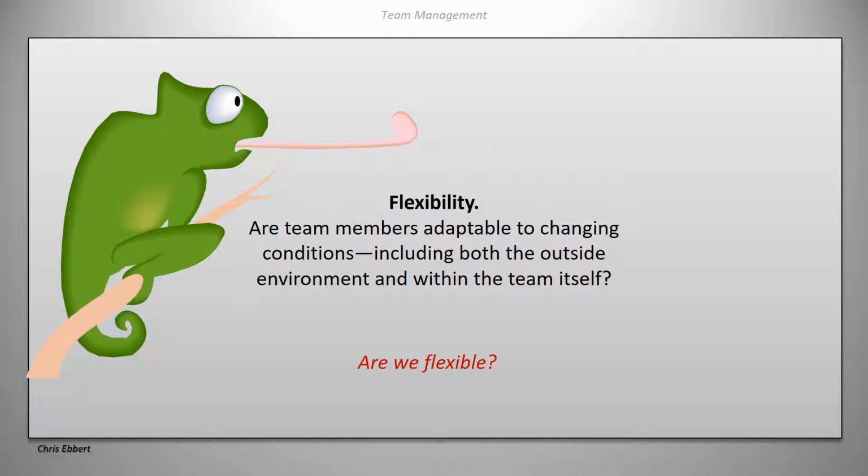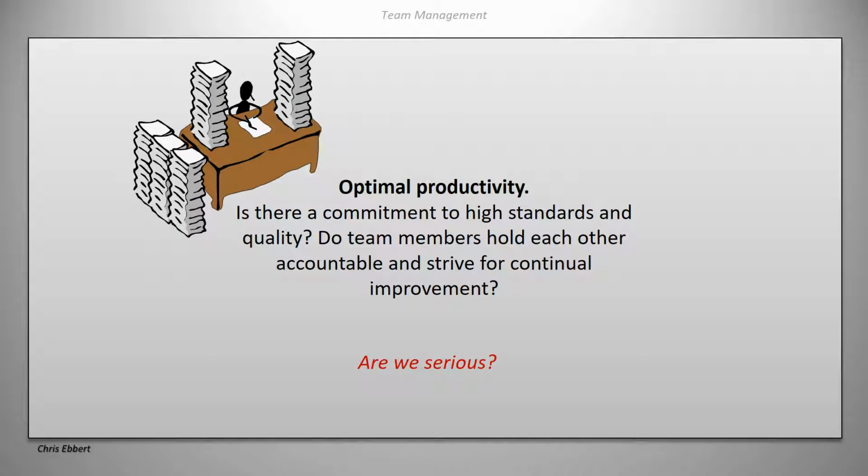Can the team handle that? Then, are we serious about getting this done? Is there optimal productivity, a commitment to high standards, commitment to quality? Does everybody hold each other accountable? And do you strive for continual improvement?